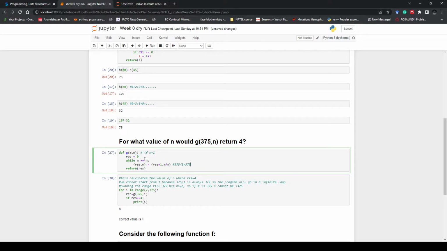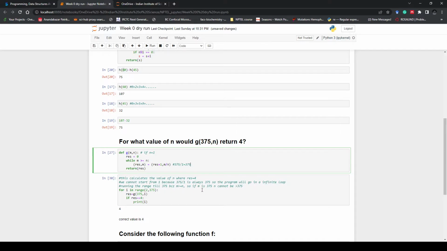Then 375 is greater than 1, right? So again it will come back to the while loop, and again 375 by 1 will be 375. So it will go into an infinite loop, correct? So 1 cannot be the answer at any point of time. If n is equal to 1, then it will be an infinite loop.